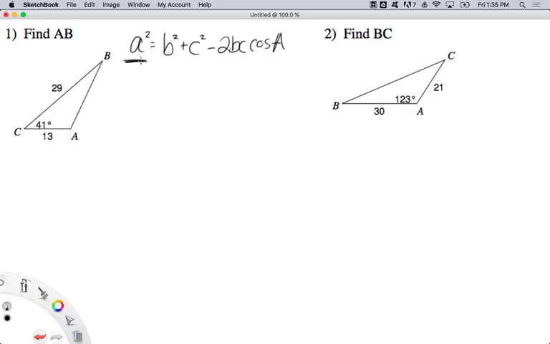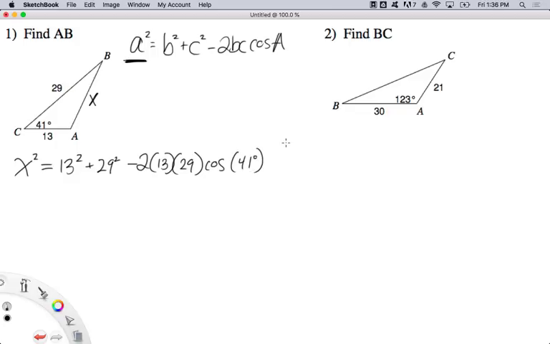This side is always the side I'm searching for. I'm looking for AB, so that's x. X squared equals 13 squared plus 29 squared. I could put them in any order, it doesn't matter. 13 and 29 are interchangeable. Minus 2 times 13 times 29 times the cosine of the angle in between them.